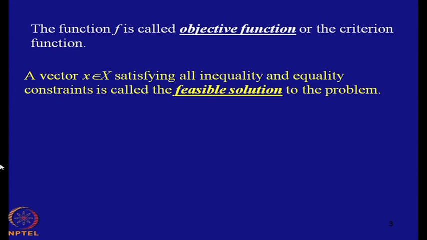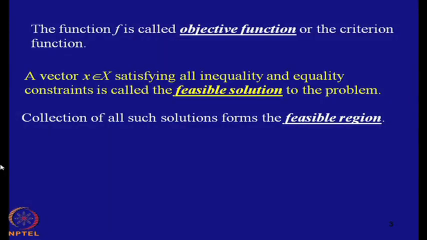Next is the set of vectors which satisfy all the inequality and equality constraints. This is called the feasible solution set of the problem, and the feasible solution set forms the feasible space, and we have to select the optimal solution from the feasible space only, which will satisfy our objective function maximally, whether the objective function is minimization or maximization.